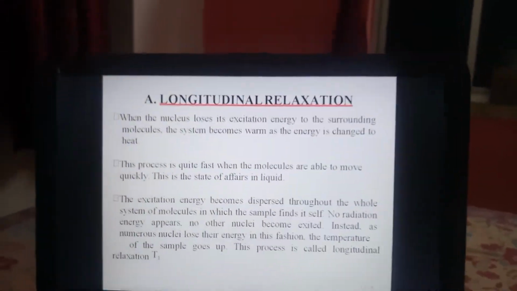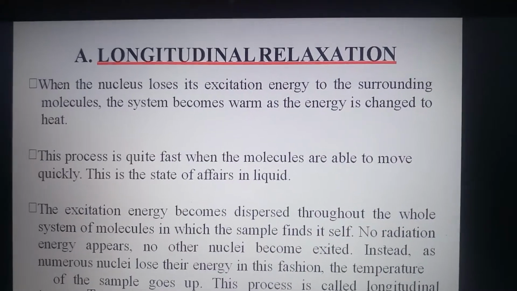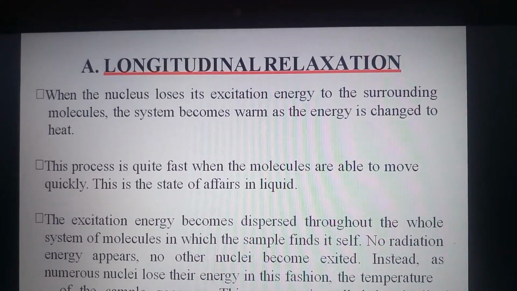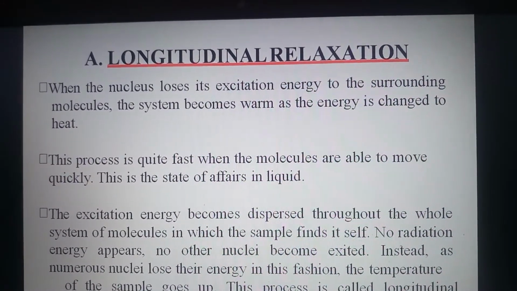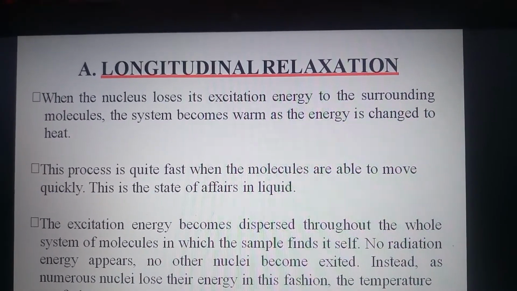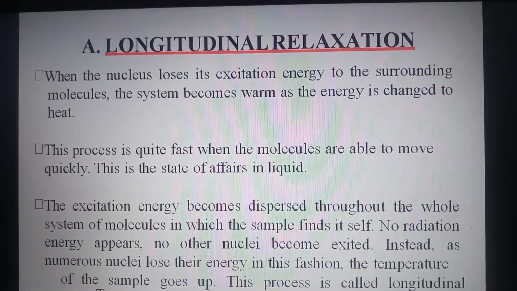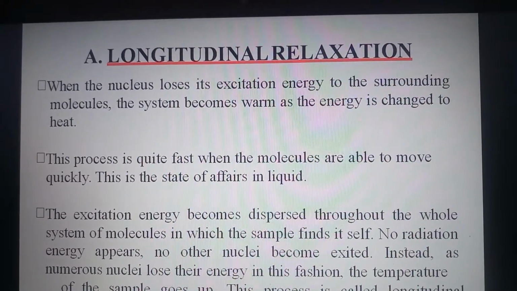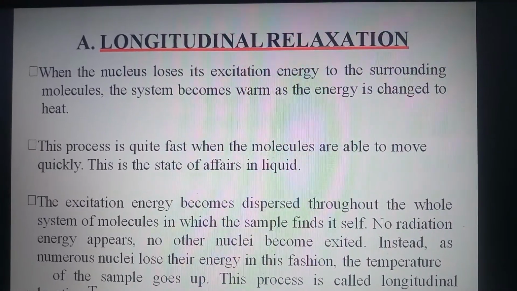First of all, longitudinal relaxation, that is spin lattice relaxation. When the nucleus loses its excitation energy to the surrounding molecules, the system becomes warm as the energy is changed to heat. This process is quite fast when the molecules are able to move quickly. This is the state of affairs in liquids.